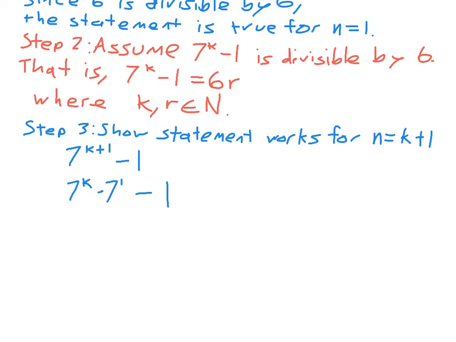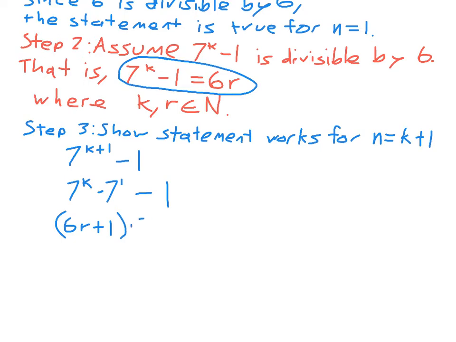Okay, and now using this equation, if I move the -1 to the other side, I know that 7 to the k equals 6r plus 1. So what I'm going to do now is replace 7 to the k with 6r plus 1. And I got that from step 2: 7 to the k equals 6r plus 1.